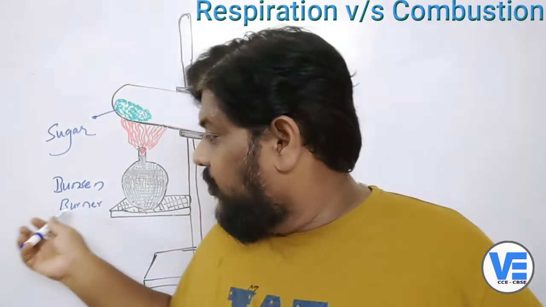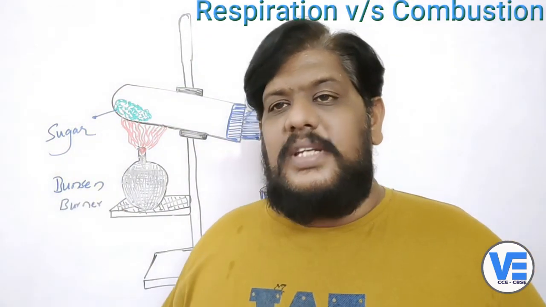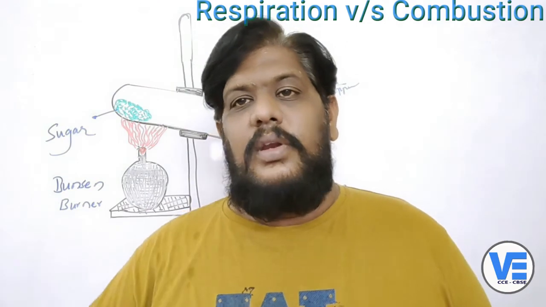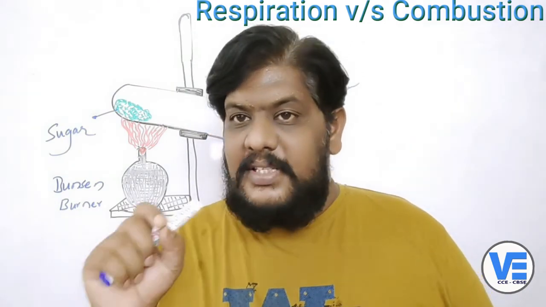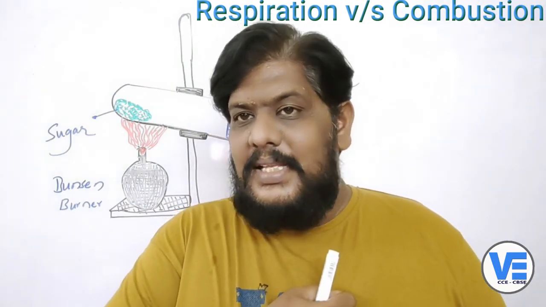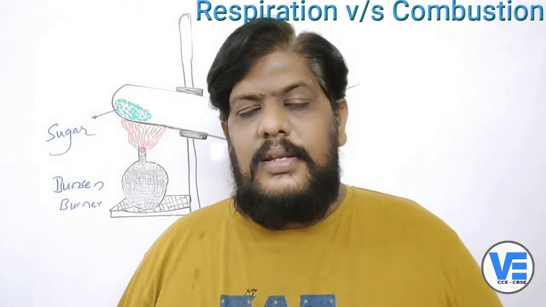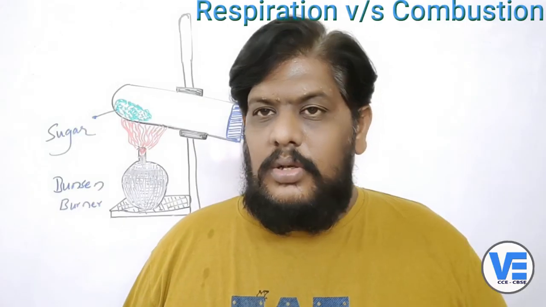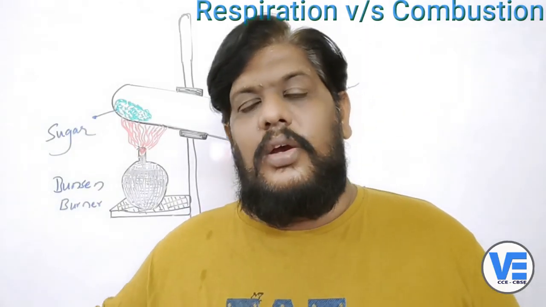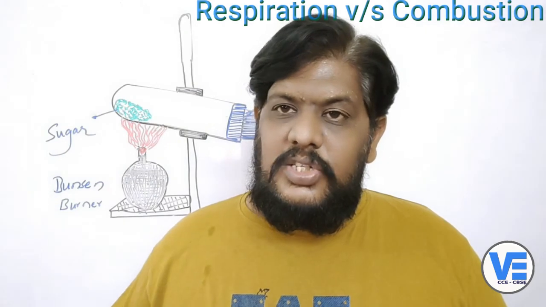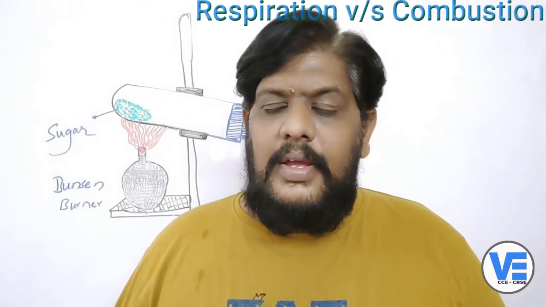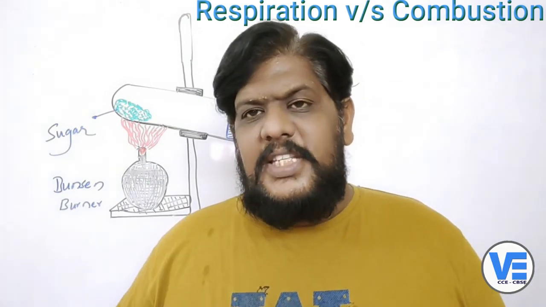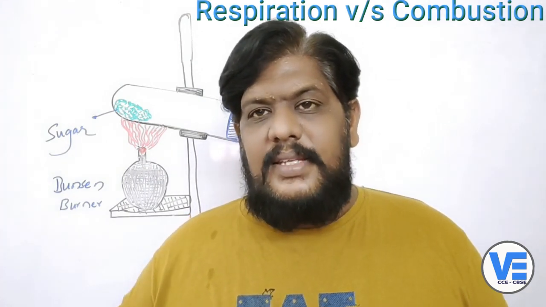But here you have to supply heat for the process to start. Until you supply heat and burn the sugar, the process will not occur. Whereas once the sugar goes into our cells, the respiration process will start. The oxygen will oxidize the glucose molecule, and it gives out energy, carbon dioxide, water, and also heat. So all this process will occur. These are the differences between respiration and combustion.